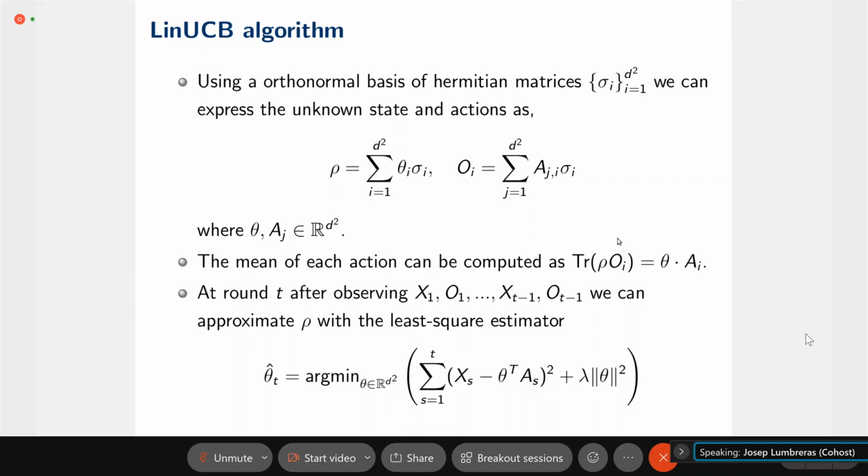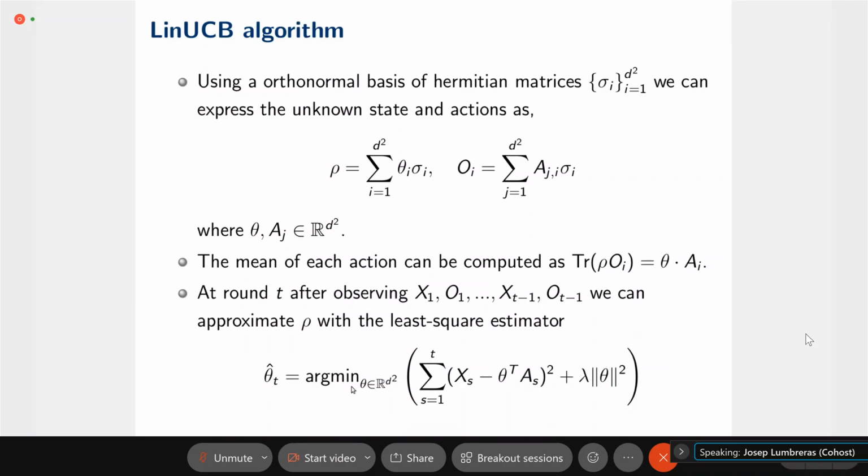And how does the algorithm work? At each round t, after observing the rewards, which are sampled from the interaction of the observable with the unknown quantum state, and after observing the observable that we have played, we can approximate the vector that encodes the unknown quantum state with a least squares estimator.